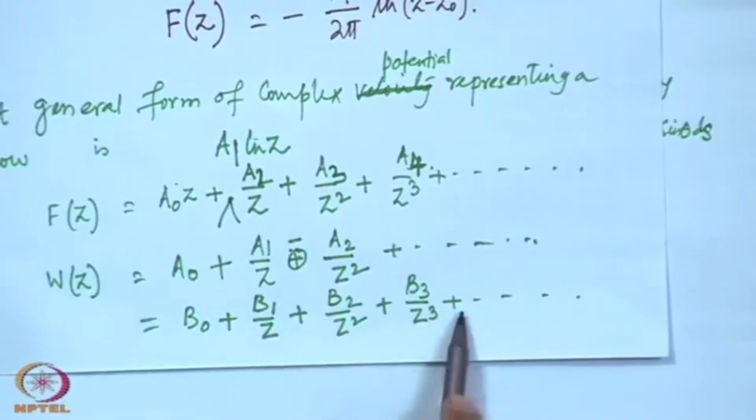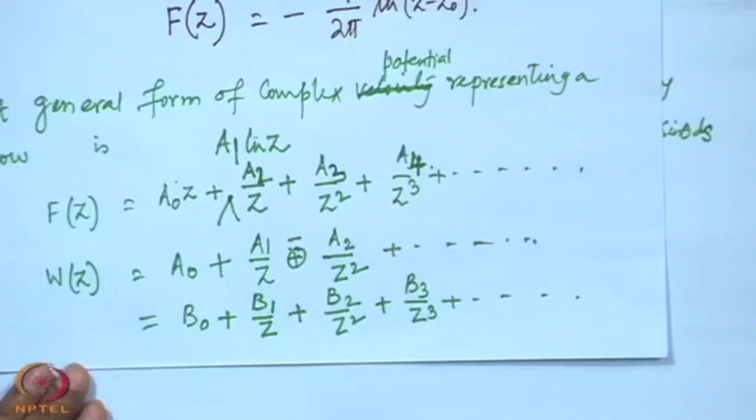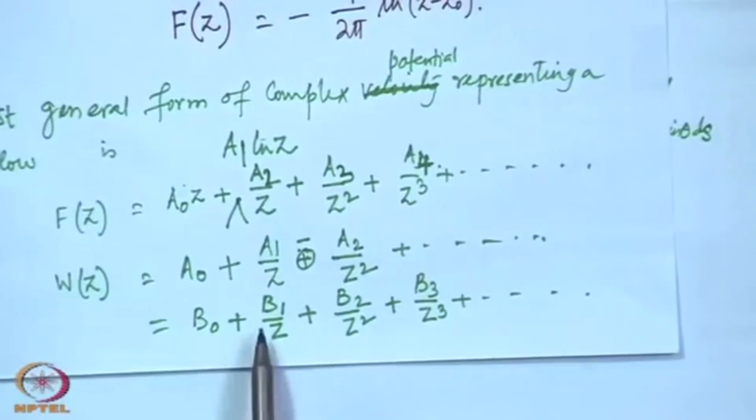The terms which are here, only some of them may come in a particular problem, but nothing new. They must be a subset of this. So, this is the most general complex velocity. So, assuming this complex velocity, what will be the force?